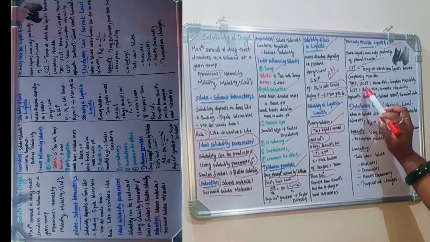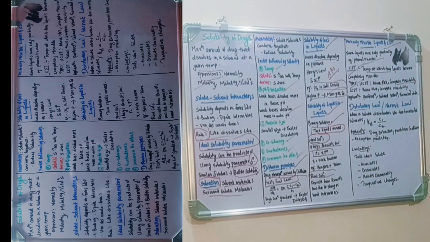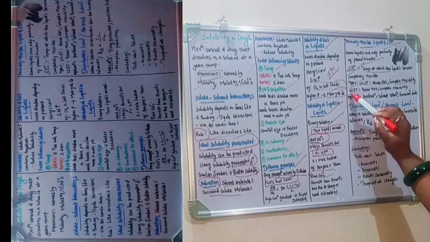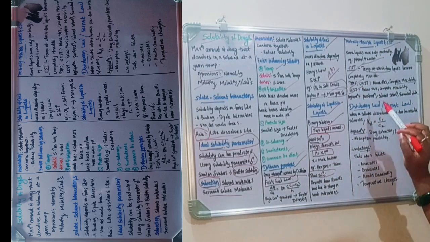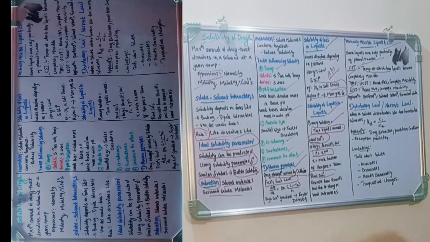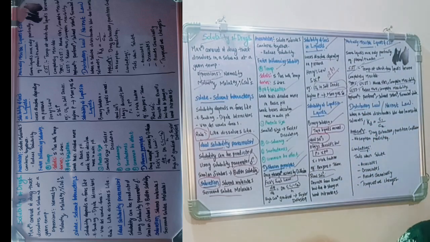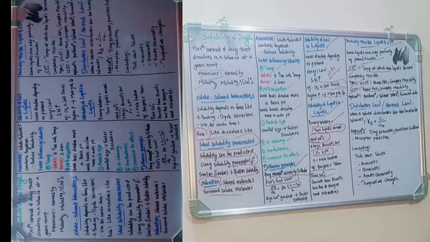Upper critical solution temperature: above this temperature we get complete miscibility, for example the phenol-water system. Lower CST: below this temperature complete miscibility occurs, for example triethanolamine and water. One special case exhibits both UCST and LCST, that is nicotine and water.